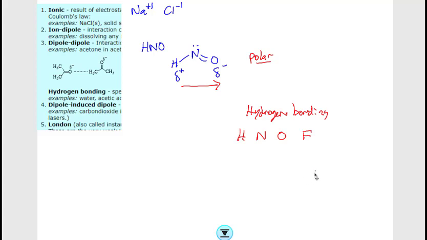If those elements are involved in bonding, then we can get hydrogen bonding between those. So this particular one is polar and not necessarily just dipole-dipole. This would be hydrogen bonding between the H, the N, and the O, which is a little stronger than just your standard dipole-dipole moments. So this is going to be hydrogen bonding in this case.